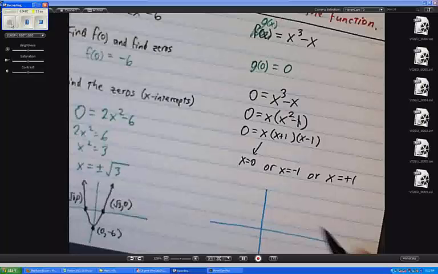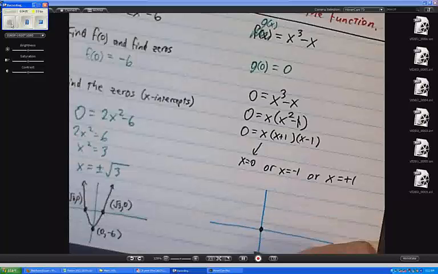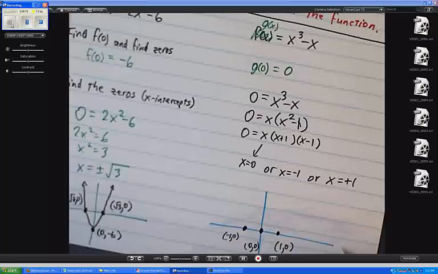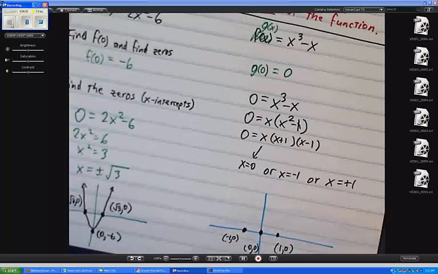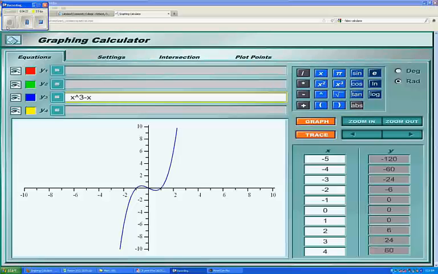You know that 0, 0 is a point, and what else do you know? -1, 0 is a point, and you know that 1, 0 is a point, okay? Now, I'm not sure what else you know about that function, right? So I went ahead and I graphed it. Do you guys see the 3 zeros we were talking about? You guys see what I'm talking about?